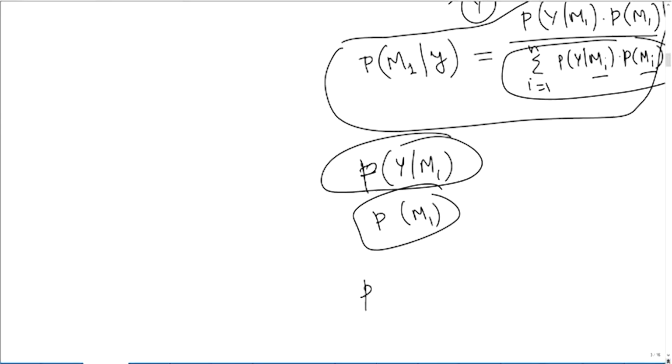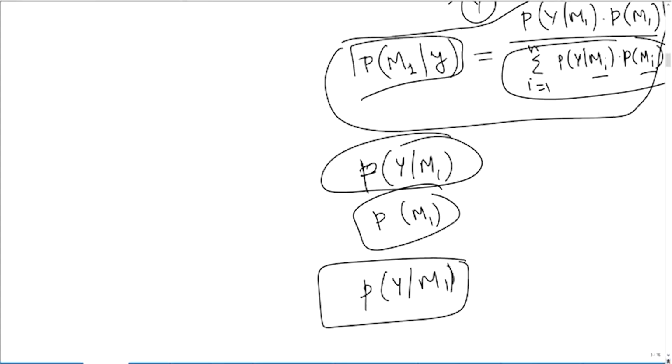This is probability of y given M1. Okay. This probability is actually with what probability this data y is generated by model M1. Okay. So, what is this probability? Can you calculate this? This is different from this one. This probability is different.